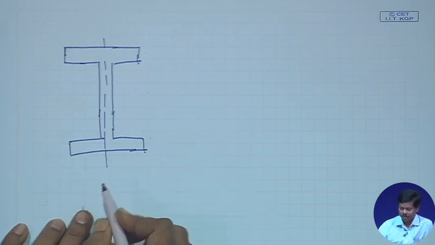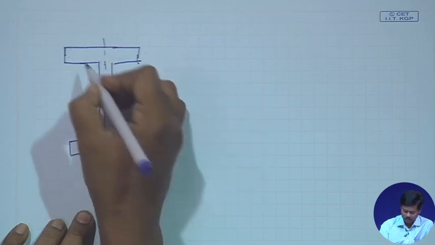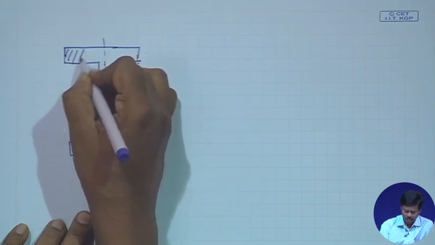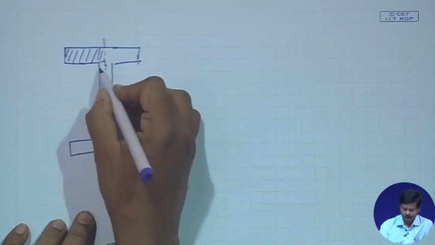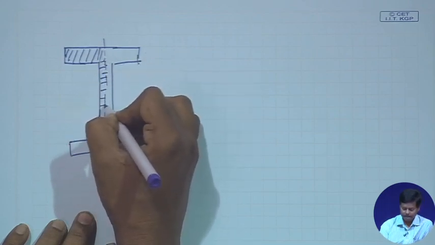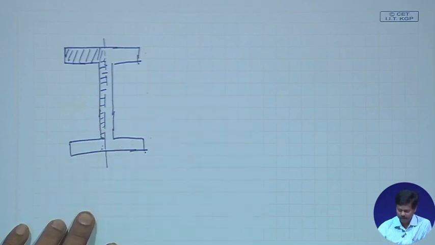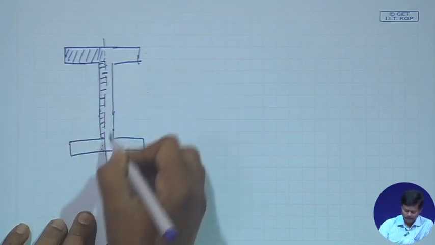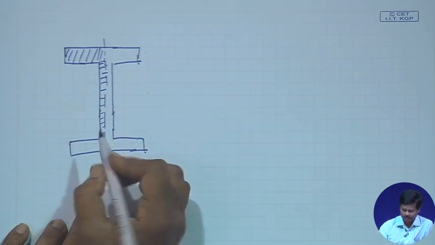So, about y y, we will find out first this one, okay, and this one, right. So, for this we can find out.